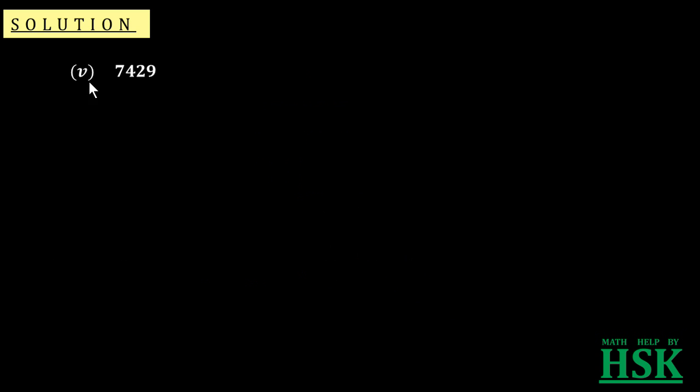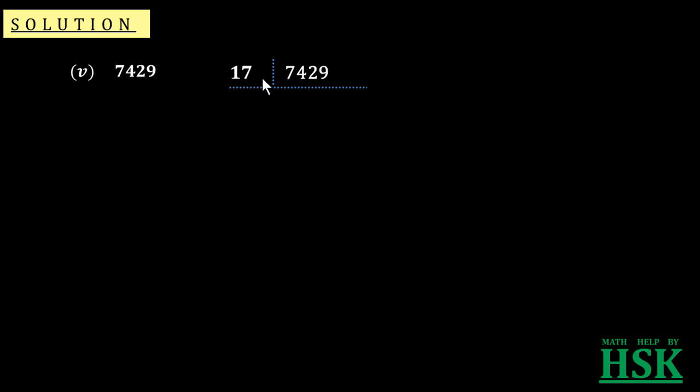Now, this one is a bit difficult value, 7429. To convert it into prime factors, we keep on dividing this number by 3, 5, 7 and so on till we find that this number is divisible by 17.